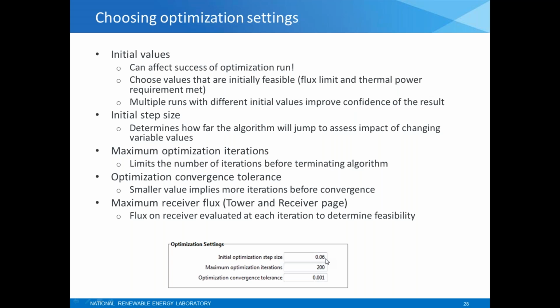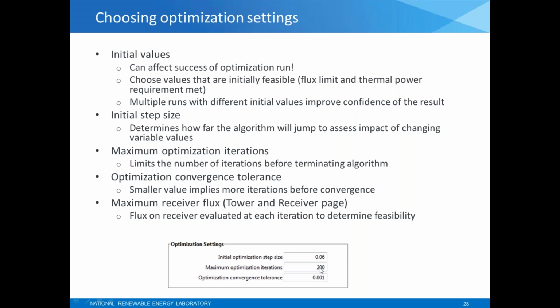And these are relative, so you'd say, if I start with a tower height of 200 meters and I make my subsequent evaluation, it's going to be plus or minus 6% of that 200. So you'd see plus or minus 12 meters at the next evaluation. And likewise on the other geometry.